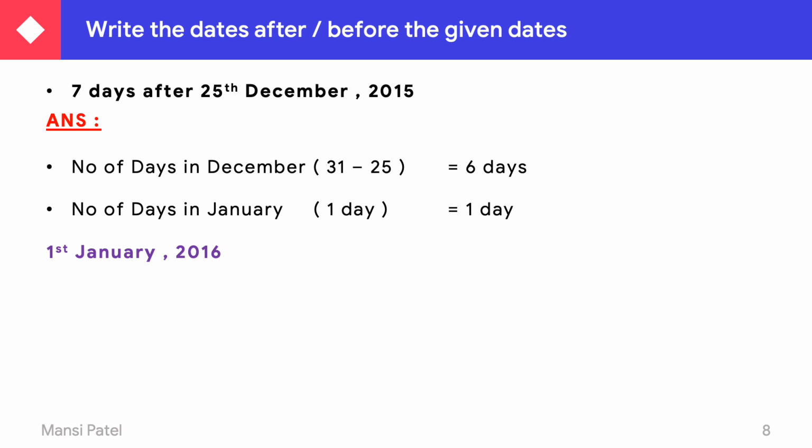If you are moving from December to January, then you have to write the next year. If you are moving from January to December, then you have to write the previous year. So here we are moving from December to January. Therefore, the next year after 2015 is 2016.